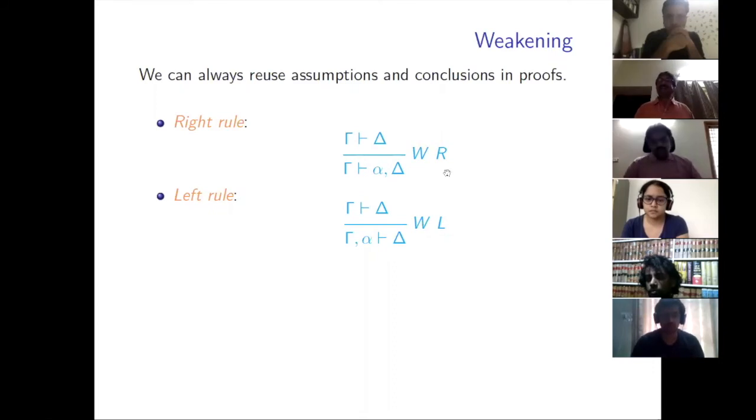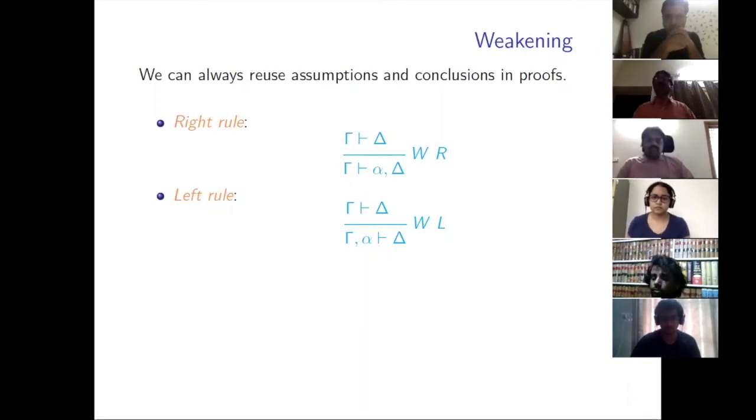Remember, there is no comma in the logic. The commas are there in the sequence. So this tells you that, if you look at the right rule for disjunction, that will use alpha or beta. You have alpha above and alpha or beta below. Whereas this says I can always add an element to the sequence.